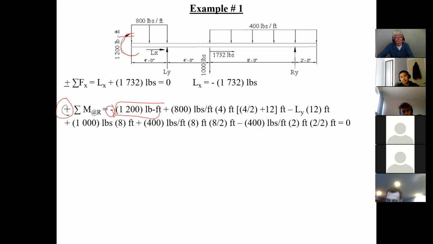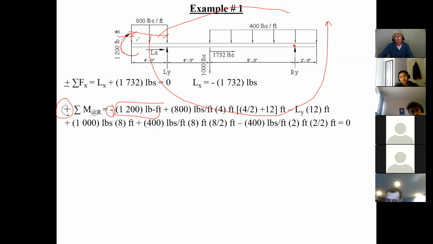So that's very important. Now, look at this load here. First thing I worry about, with respect to this point here, will this load rotate this way, or will it rotate the other way?